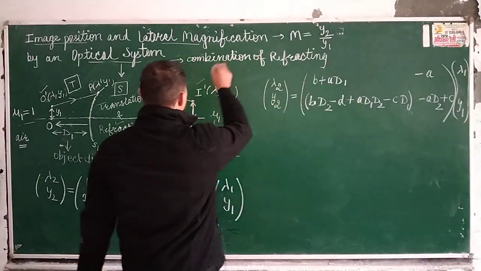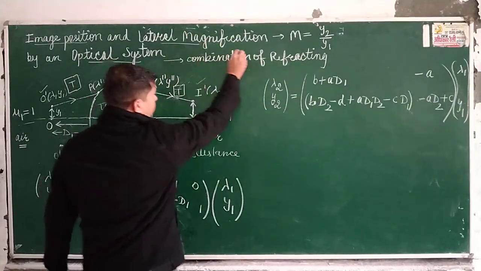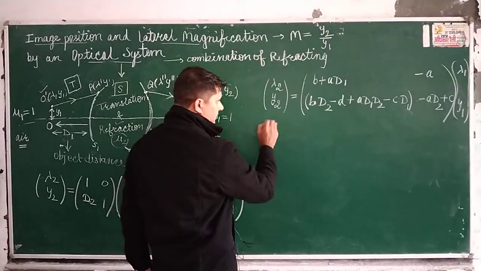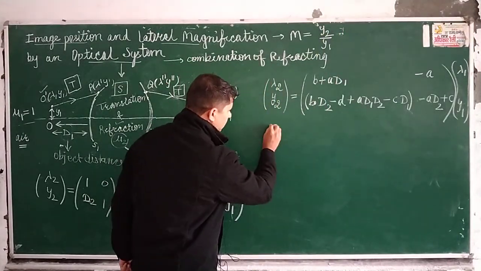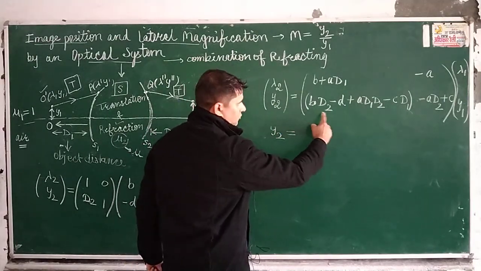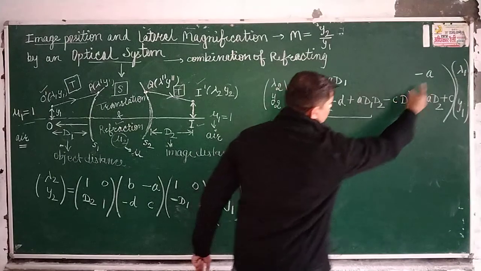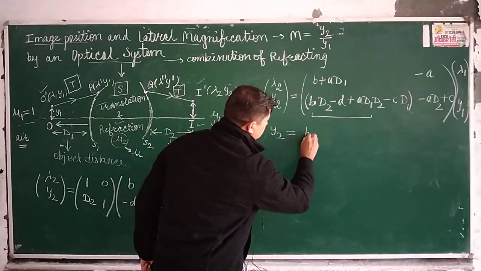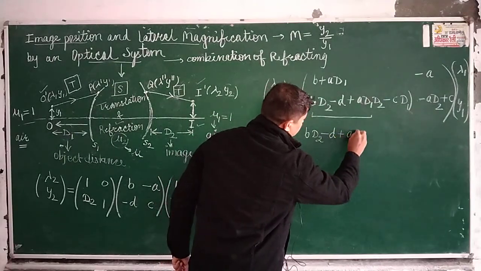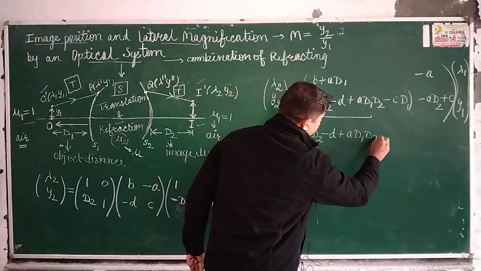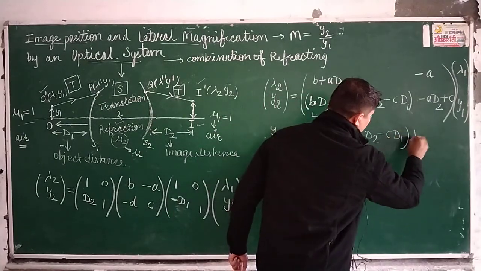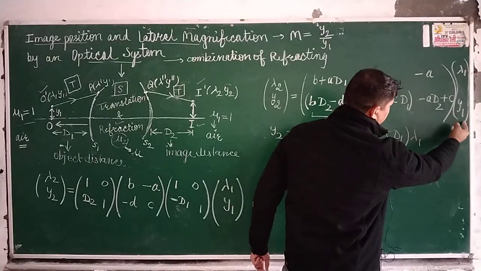Now we are to find the magnification, the lateral magnification, which is given by y2 by y1. Okay, so for this we will multiply this, and y2 will be equal to this element into lambda 1, that is b d2 minus d plus a d1 into d2 minus c d1, divided by lambda 1, and then this into y1.